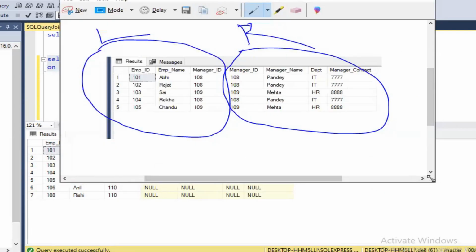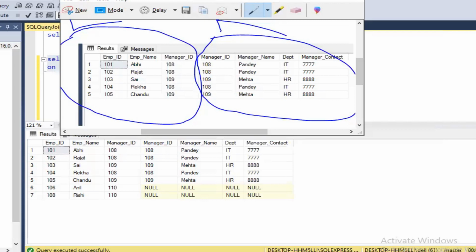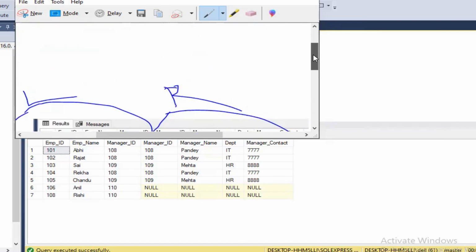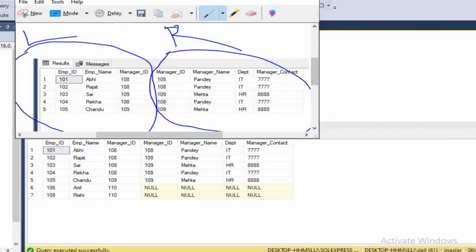On the left side, you saw two additional records. You remember your employee table has two more records which were not matching with the manager table. That's why it gave us two more additional records as per the left join rule. You understood till now?